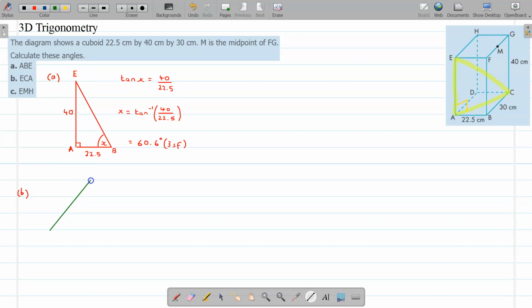This is the 22.5, and this is the line that's 30, which is the length BC. So I need to label some points. This is our A, this is B, and this is C. This is 30, and this is 22.5.